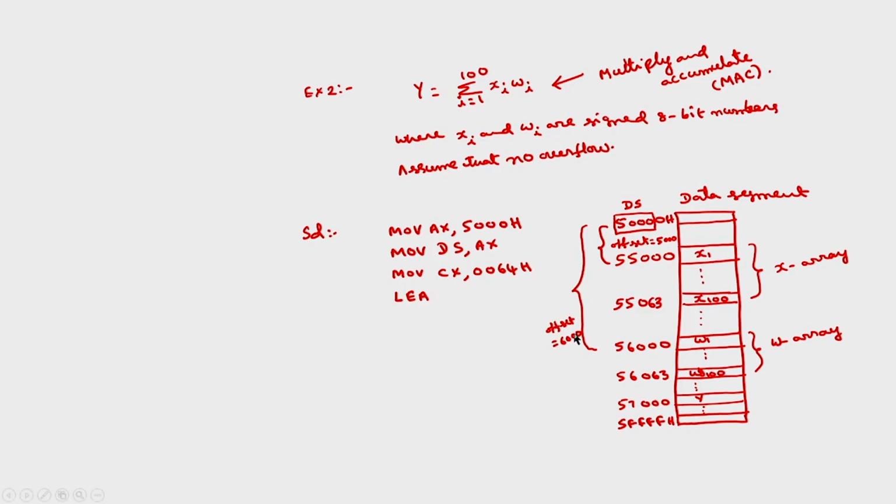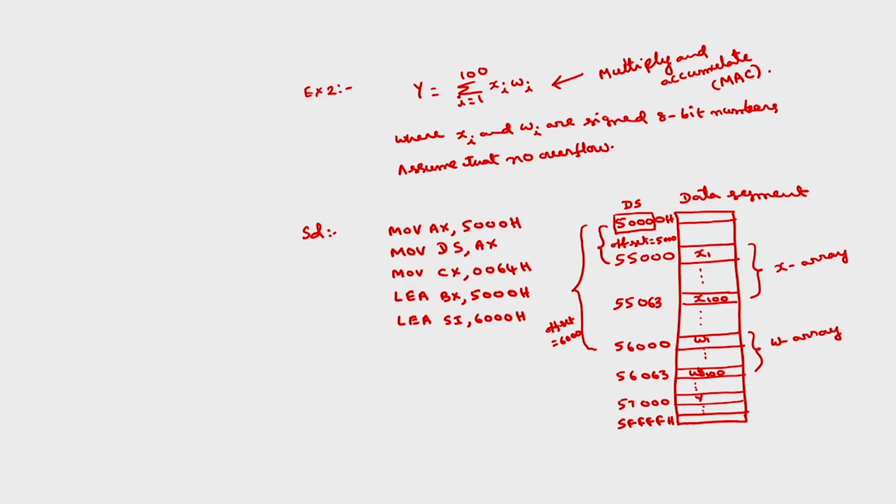So, I am taking this 5000 offset where the X array is present onto some register, which can be either BX, BP, SI or DI. Similarly, we can take this 6000 into some other register. So, I am taking BX with 5000. So, LEA: we are loading SI with the offset of the W array, which is 6000H.